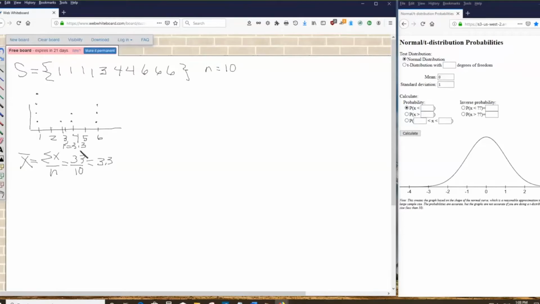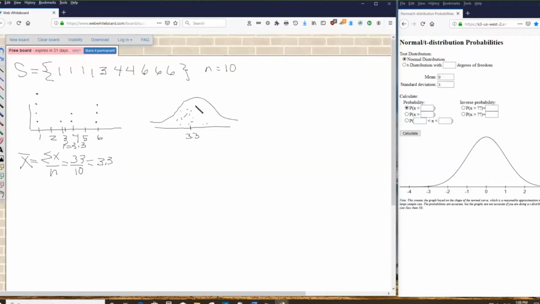So what the Central Limit Theorem is going to say is that if I take a sample of this distribution and take their mean, it's going to have the same mean, and over time, if I take a whole bunch of samples, it's going to form the shape of a normal curve.